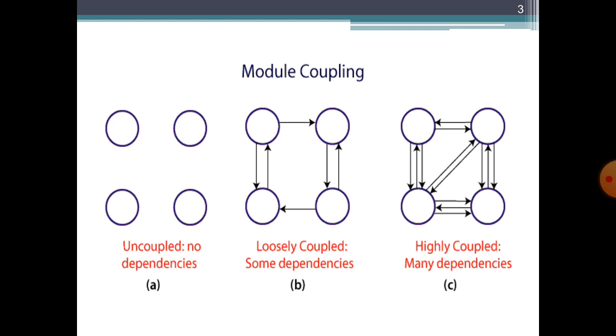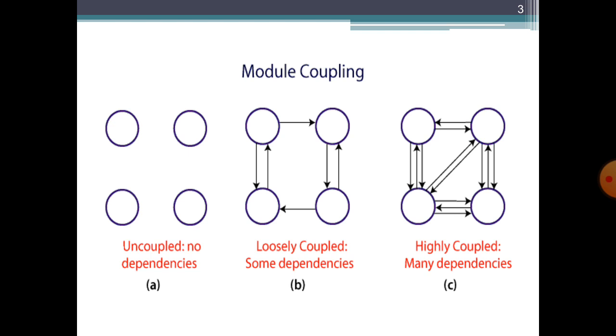These nodes you can consider as modules. In figure B these different nodes are our modules, and they are interacting with and depending on each other. So these are loosely coupled. In the rightmost diagram, figure C, the modules are highly coupled and there are many dependencies. You can see how all of these modules are highly coupled with each other.